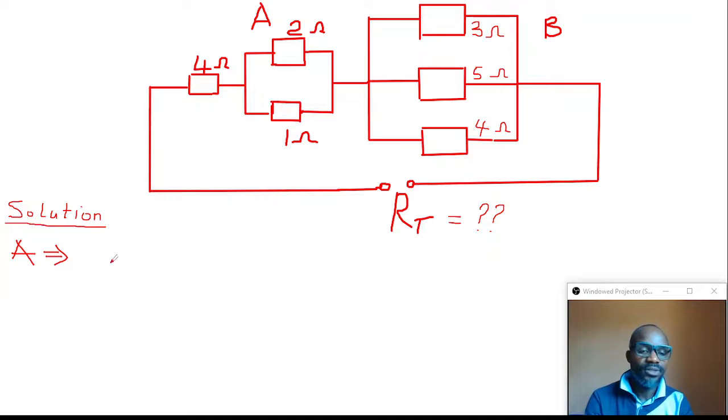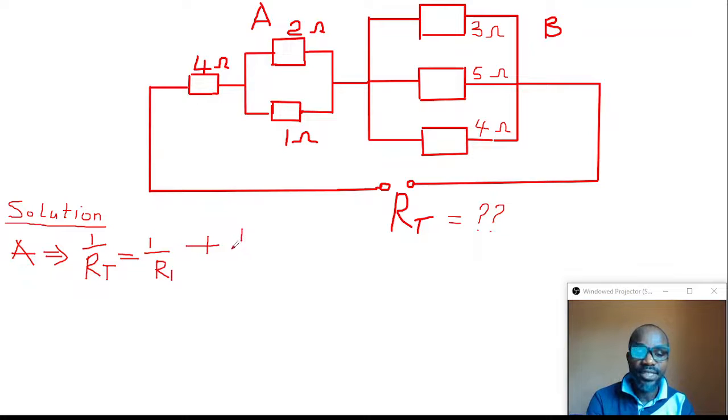So section A is going to be 1, the formula is 1 all over R subscript T, right? And this will give us 1 over R1, plus 1 again over R2.